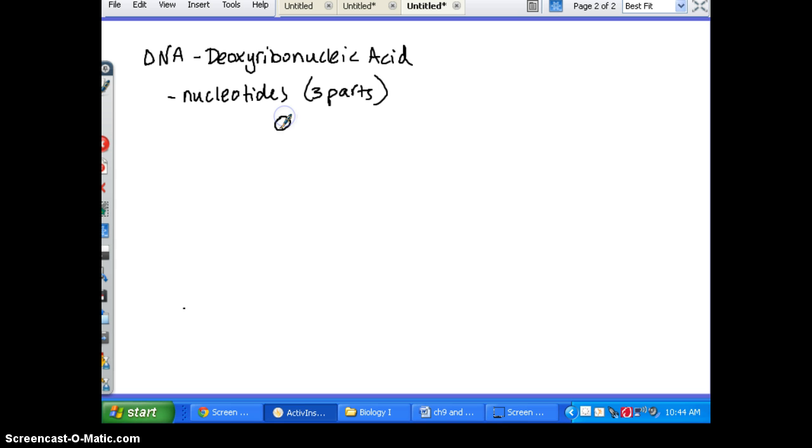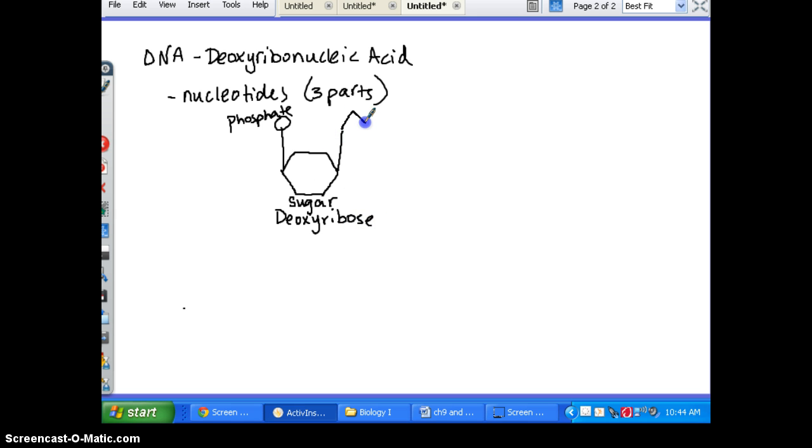First is a phosphate, and then that's attached to a sugar. In DNA, that sugar is deoxyribose. That sugar changes when we go to RNA.